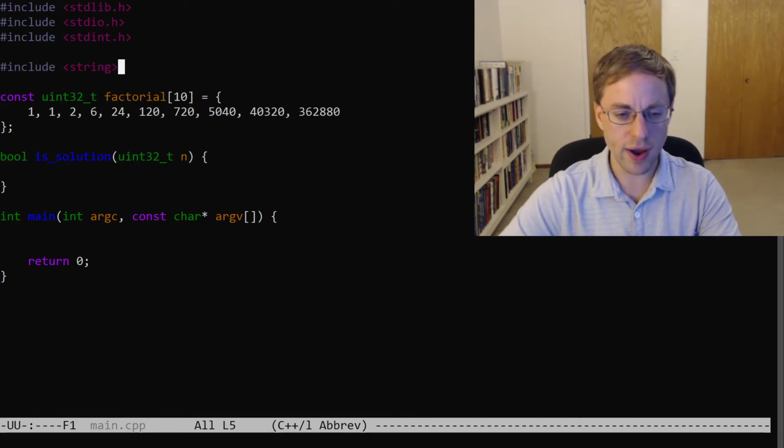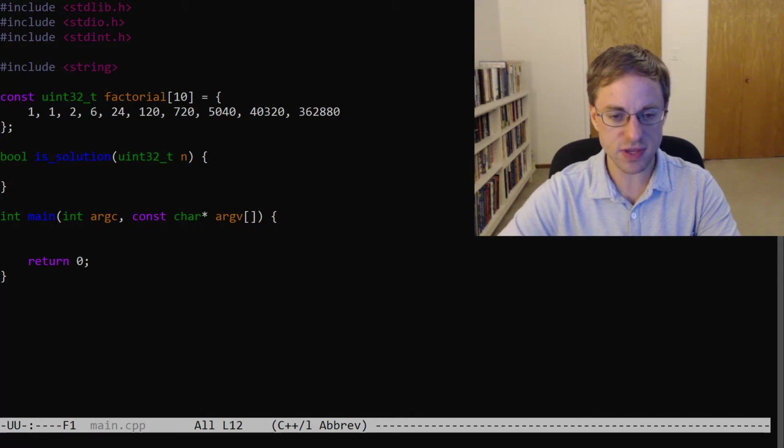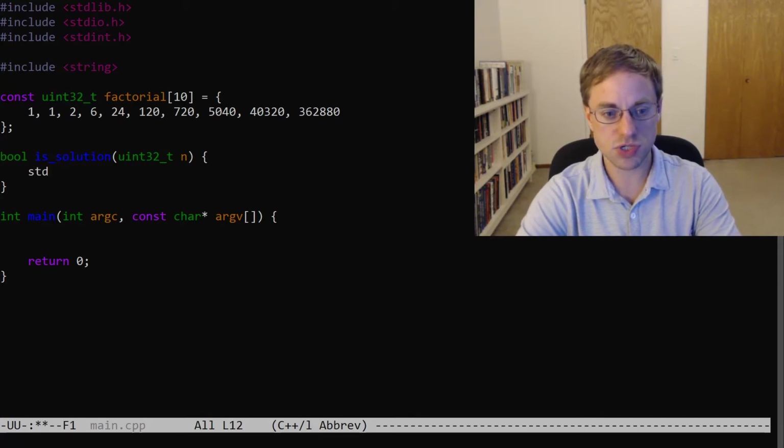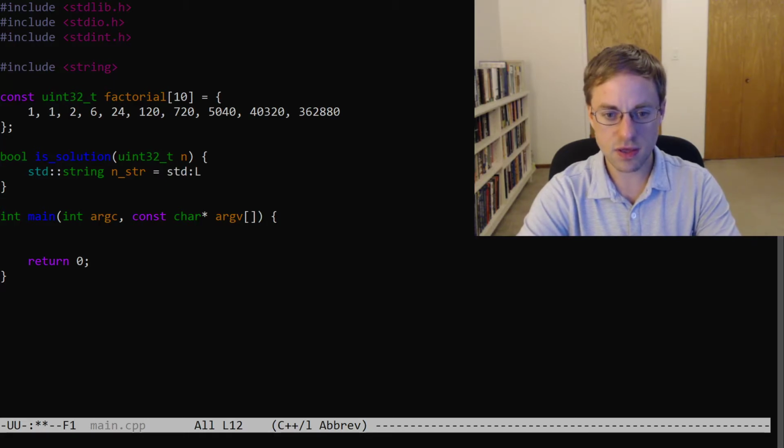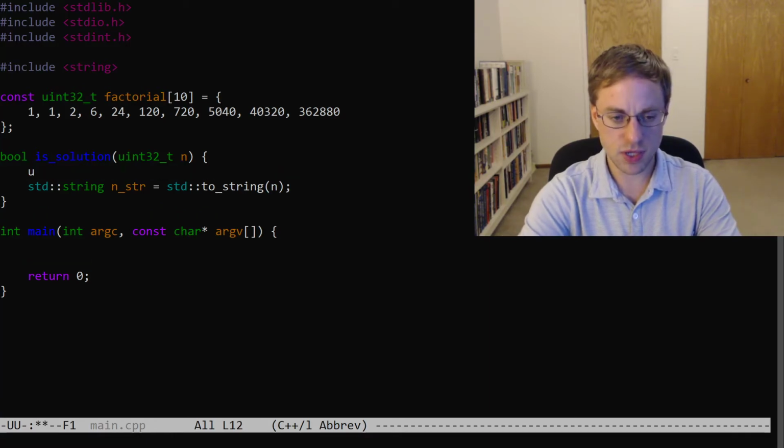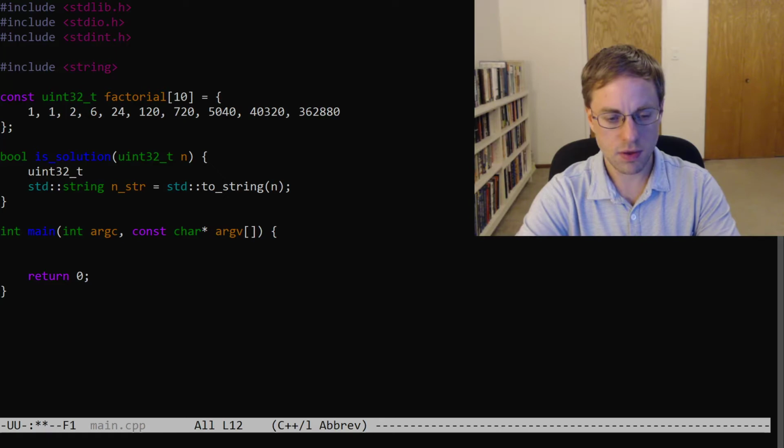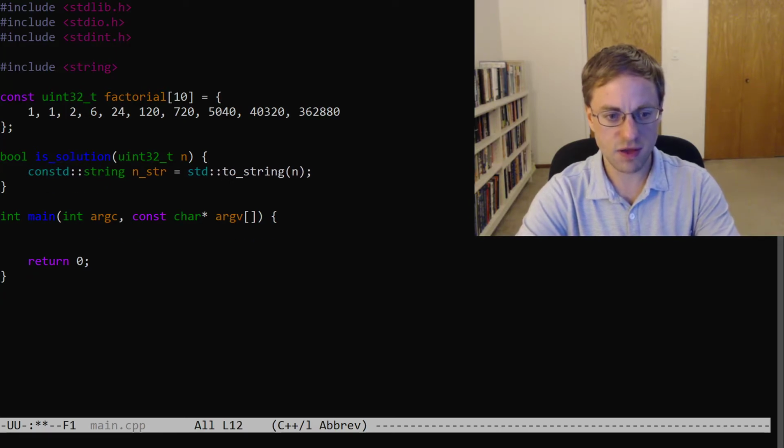Not strictly required, but it's probably the easiest way of getting the digits out of a number. So we'll say string nstr is equal to std::to_string(n). Actually we can make this const.